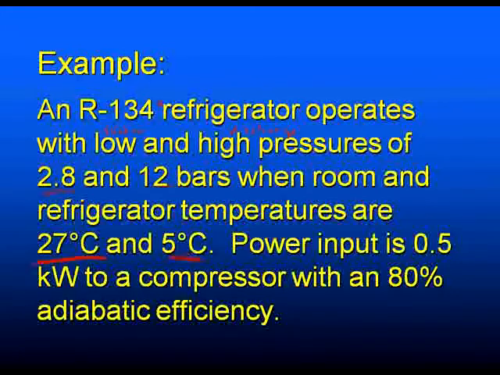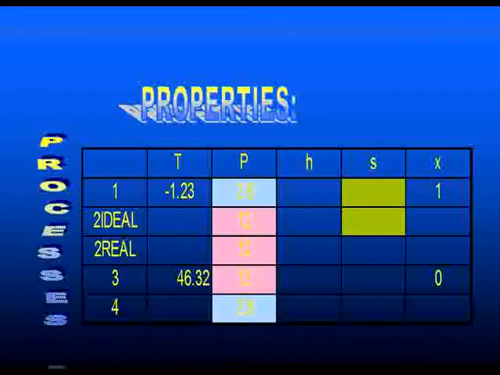The inside of the refrigerator will be kept at 5 degrees, so our working fluid will have to be evaporating below 5 degrees C. And let's suppose we have a power input of 0.5 kilowatts, a 500 watt compressor, with 80% efficiency compared to adiabatic, sometimes called isentropic, operation.